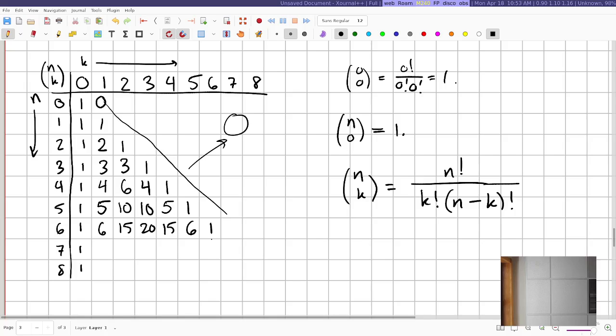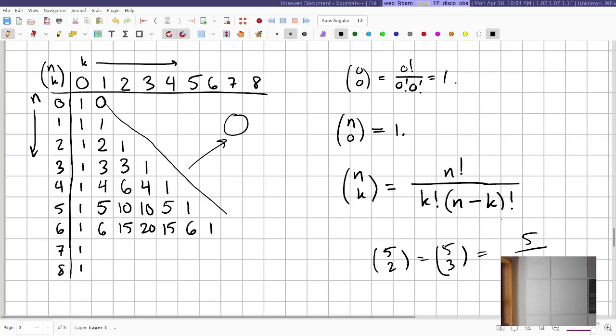Okay, so you're saying in this example, 5 choose 2 equals 5 choose 3. Because if you do the formula, in both cases you get 5 factorial on top, and if k is 2, then n minus k is going to be 3, and vice versa.